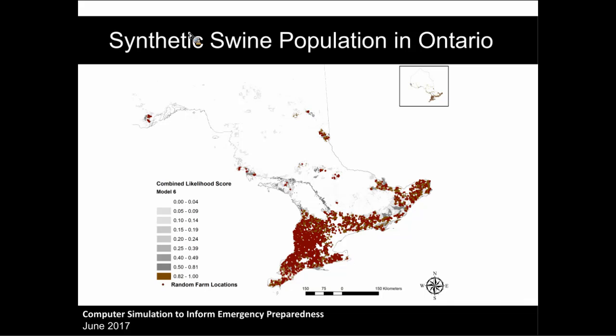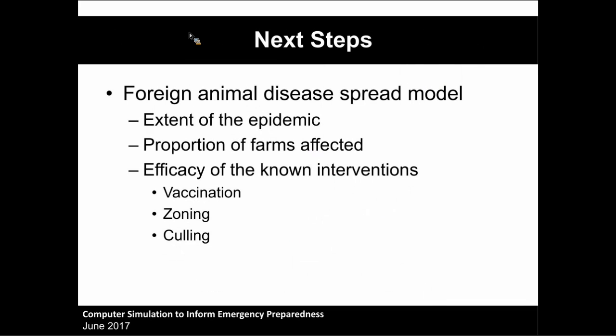Then from the secondary data, we defined the class. How many of them would be farrow to finish? How many of them would be nursery piglets? So this type of production class, as well as the number of animals.